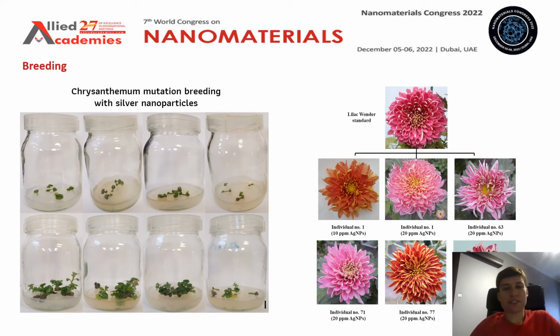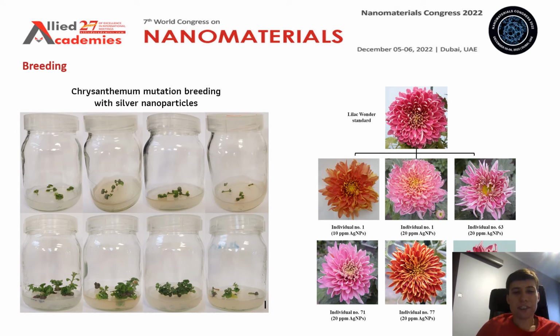That's why we were interested to study if nanoparticles, which are much easier and cheaper to access than ionizing radiation, can also be effectively used as chemical mutagens, and if they can be used for the production of new cultivars of plants.